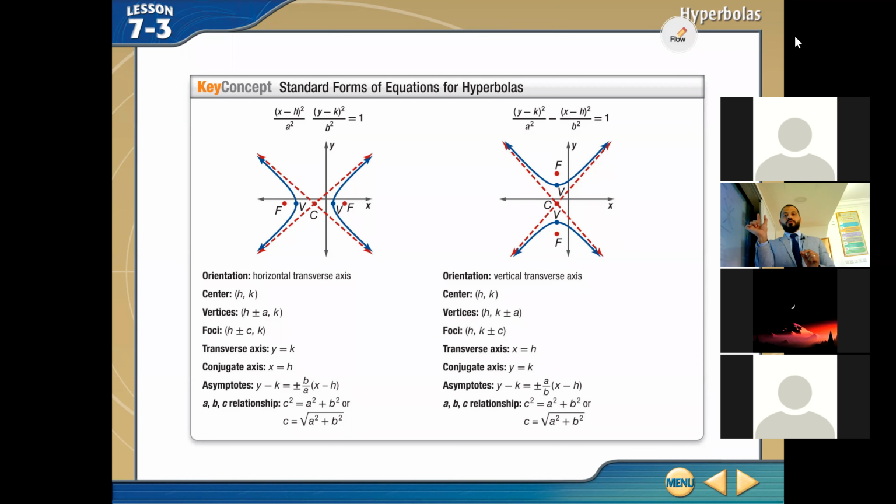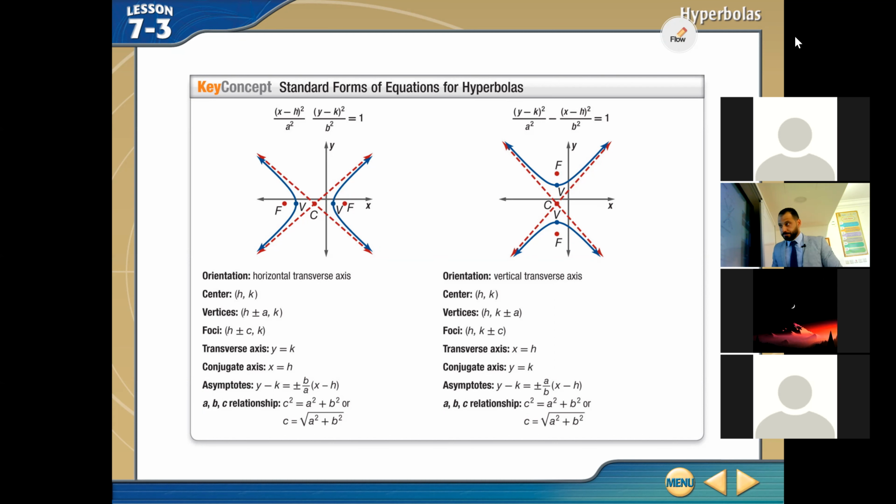It means we shift the X and Y axes to be on the center. One of them is called the transverse axis and the other is called the conjugate axis.